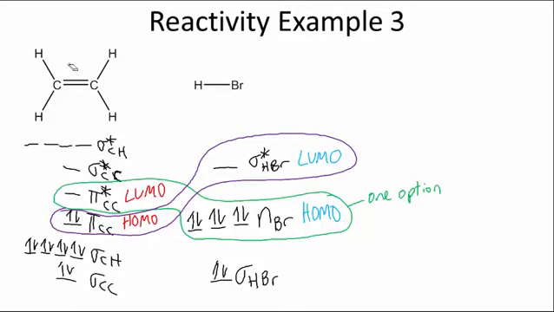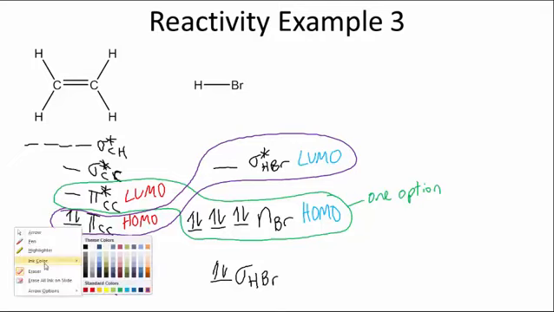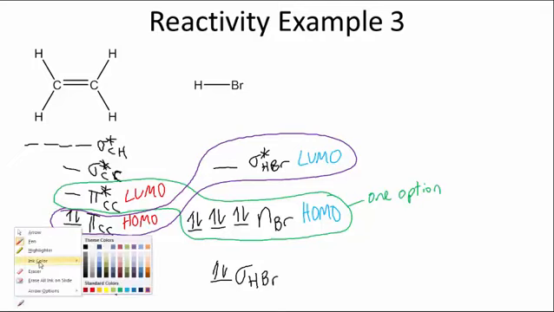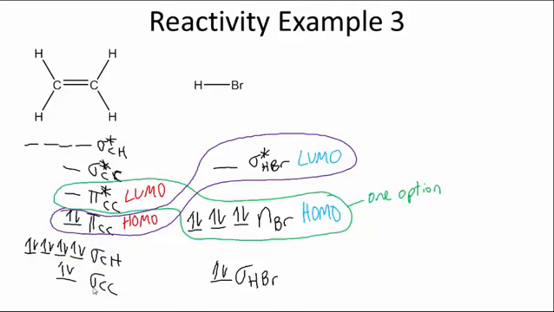At the pi bond. And where should my arrow end if I'm donating to sigma star HBr? Which atom are the electrons going to be more attracted to? The hydrogen or the bromine? Why? Bromine is more electronegative, so what's the polarity here?